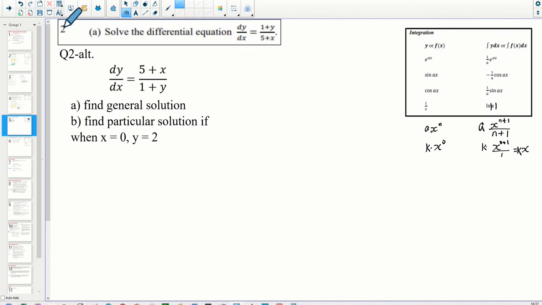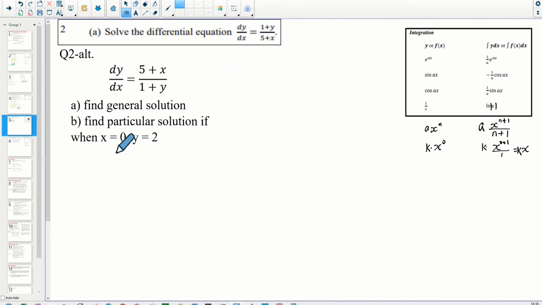It looks very much like question 2 that we have just gone through, except the denominator and numerators are swapped around. The mechanism is exactly the same, but this one is easier. So if you can understand the mechanism in this question, then even with a harder question, it's the same process to solve these questions. So again, first thing, we're going to find the general solution by separating the variables.